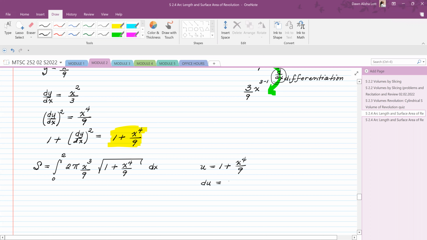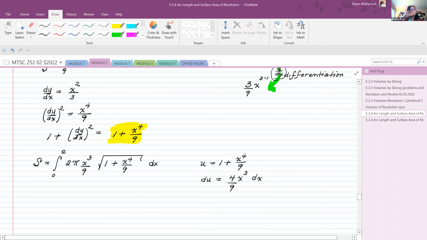Du would be 4x cubed over 9. And what do you have to put behind it? dx. The du is on the left side, dx is on the right.